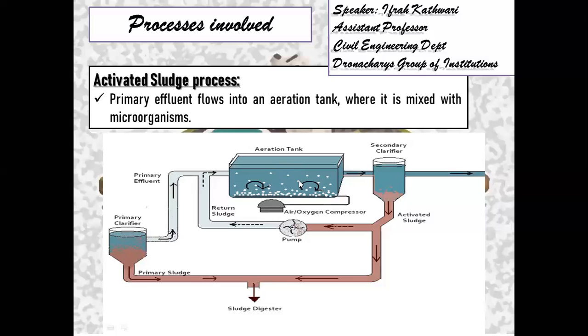The microorganisms are added intentionally so that the organic matter gets decomposed in the water, and then it is sent to the secondary clarifier, where this sludge settles down, and this activated sludge is either sent to the sludge digester, or it is sent again to the aeration tank.